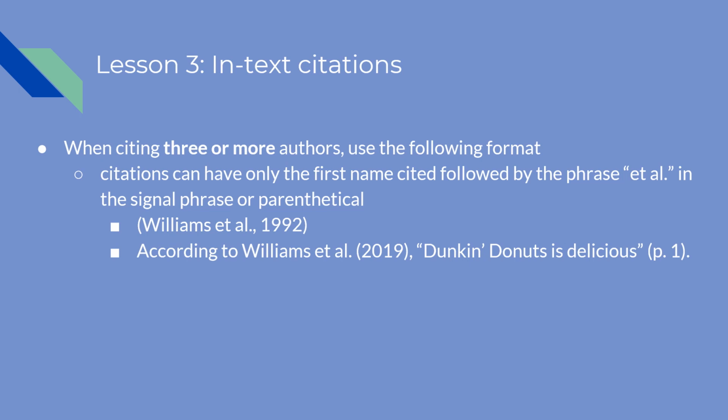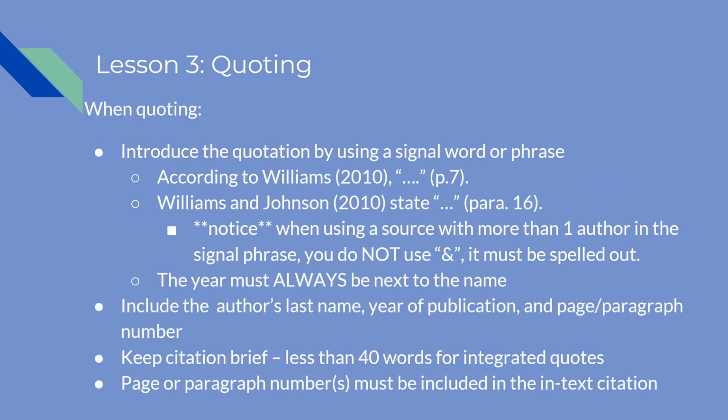So it would be Williams et al., period, comma, and then the year. And then the next example is what it would be if you use the authors in the signal phrase. So if it's three or more authors, it's the same et al. phrase.